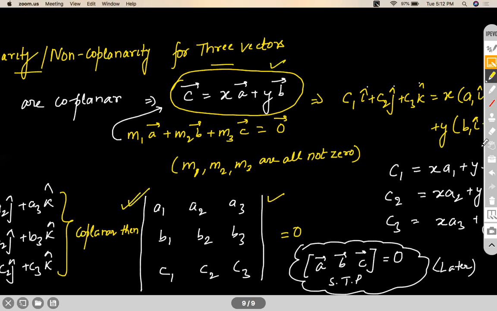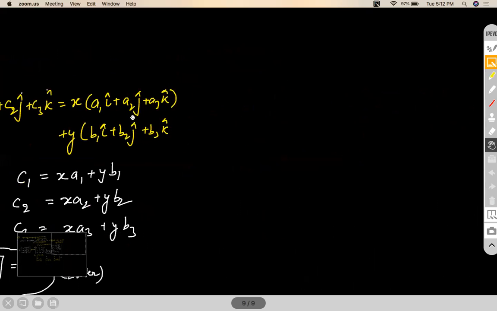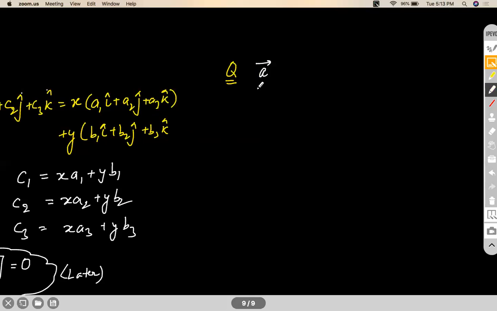Okay, now what do I mean by not being able to express it as this? Let's say I'll take a very simple example. In fact, I'll take it in the form of a question. Are these three vectors coplanar or not?